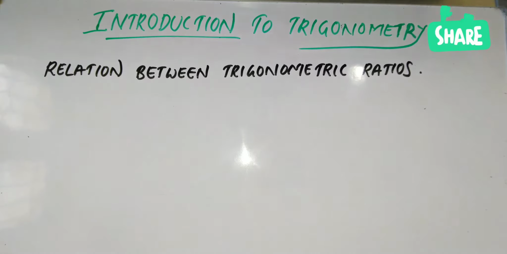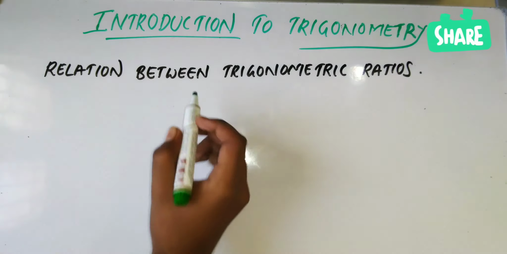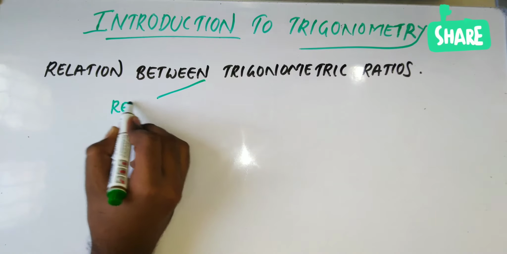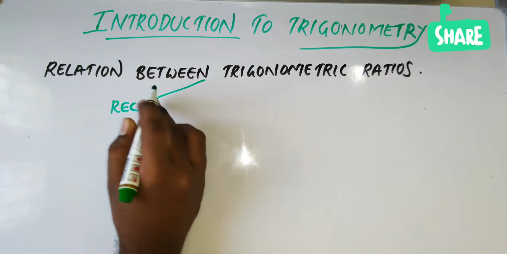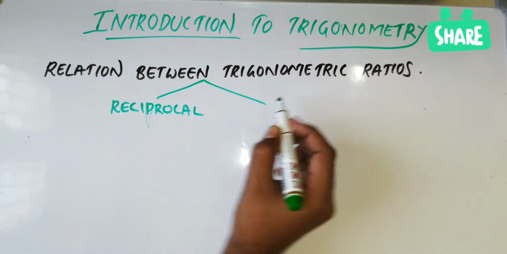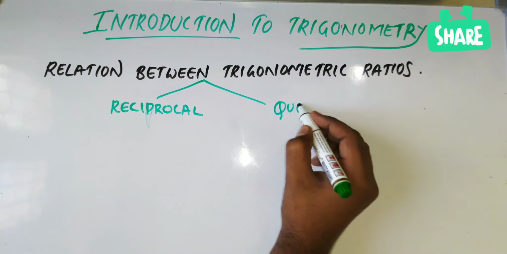so now we are going to discuss the relations between trigonometric ratios. We have discussed the trigonometric ratios, now we are going to discuss the relationship between them. We have two relations: one is the reciprocal relation, and one more is the quotient relation.